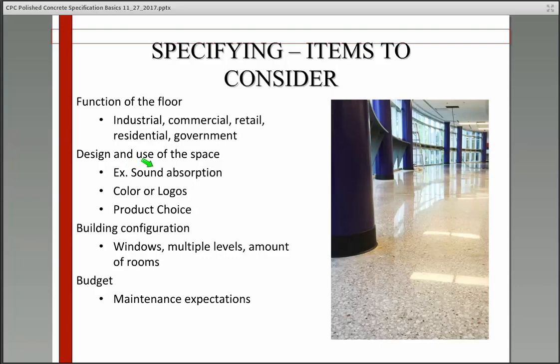The first year that that particular university was open in that building, it was a big problem because it was so noisy in the hallways. Many of the classrooms couldn't hear the professors. So they had to install a bunch of secondary sound absorption. Those are things that are important to think about when making decisions about using polished concrete.